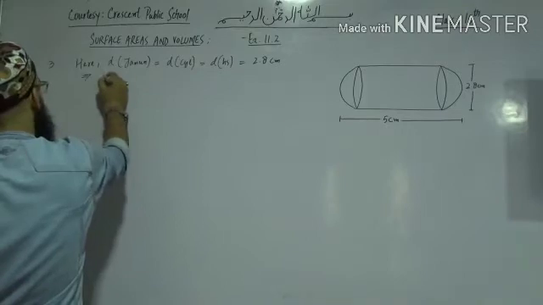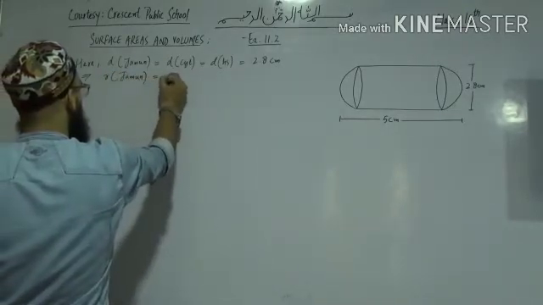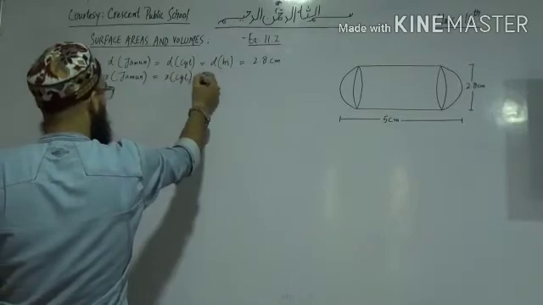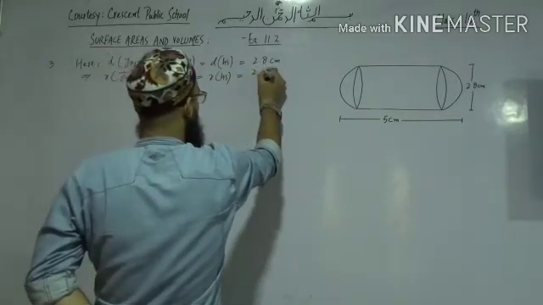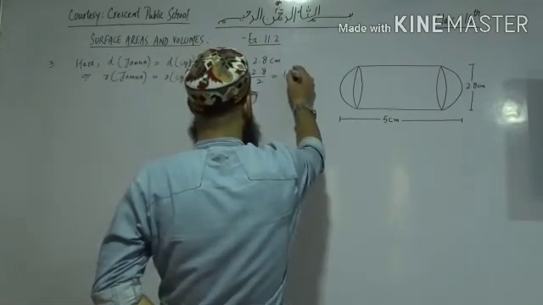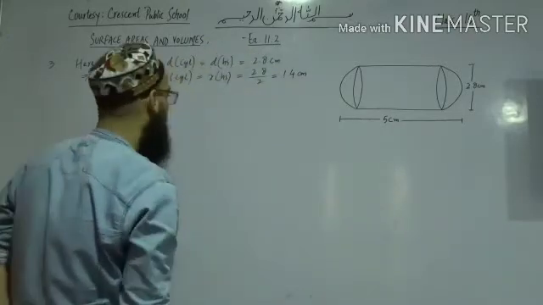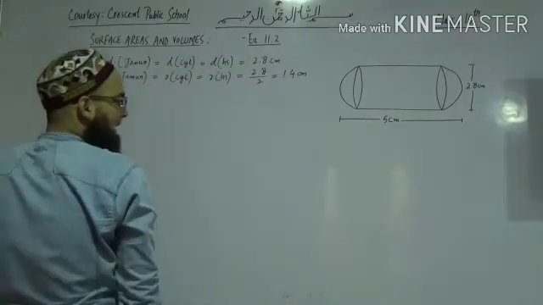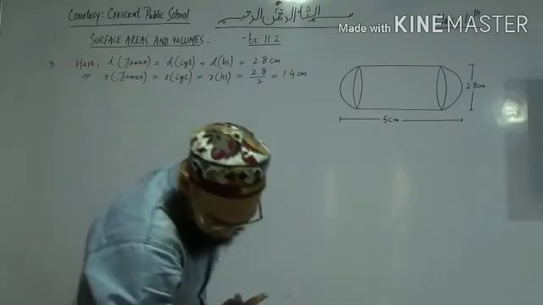Which implies that radius of jamun is equal to radius of cylinder is equal to radius of hemisphere is equal to 2.8 divided by 2, and that will give you 1.4 centimeter. That is the radius of jamun. Then you have the total length.